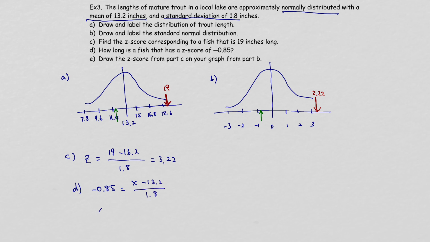So your x should be -0.85 times 1.8 plus 13.2. And that gives you -1.53 plus 13.2, which is 11.67 inches.